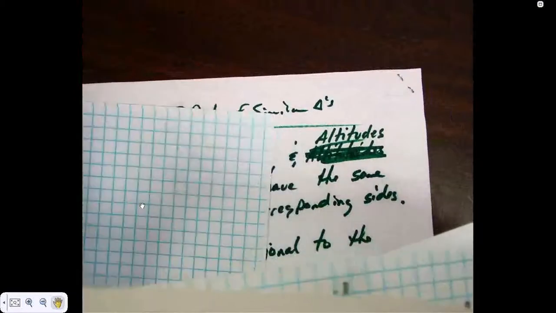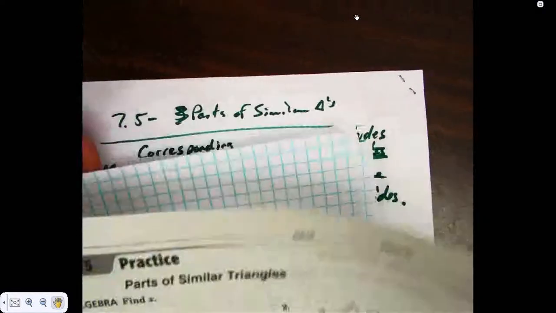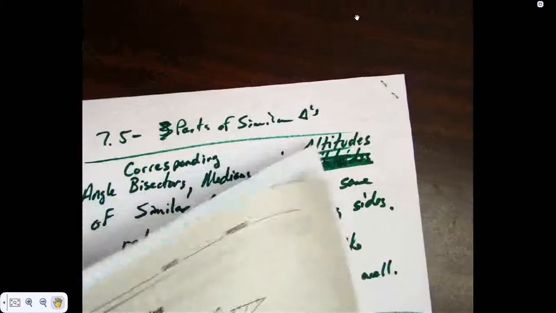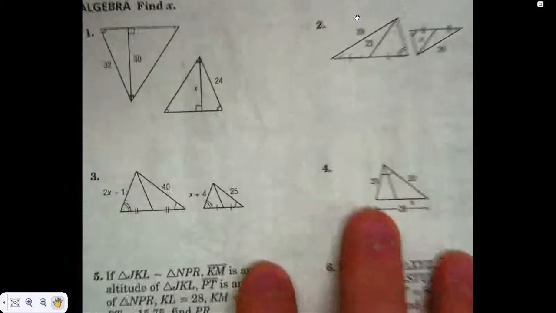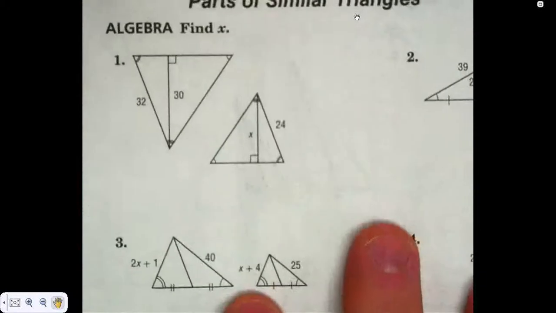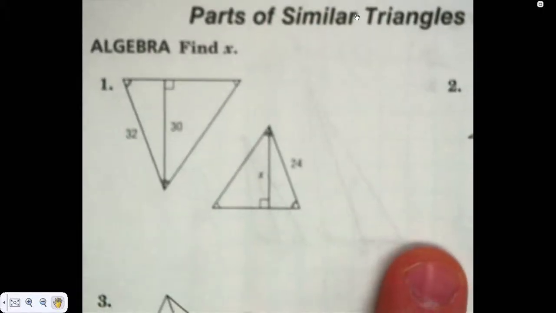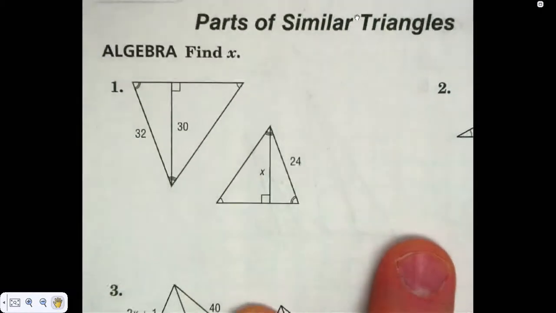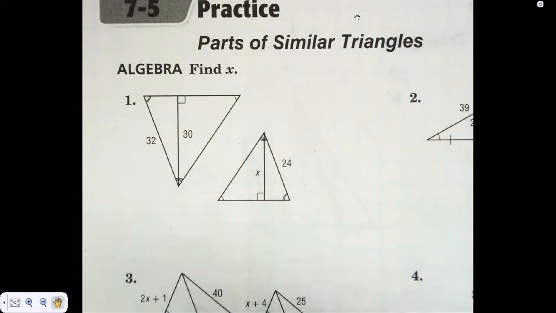Where's yours? What I'd like to look at is number 1, on page 92.